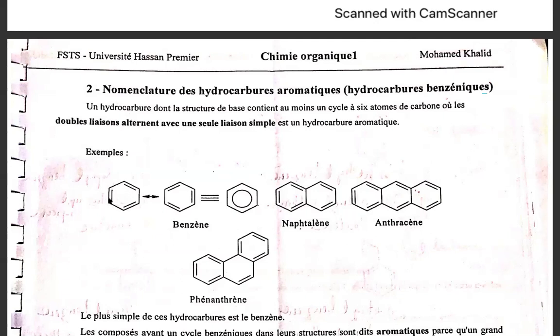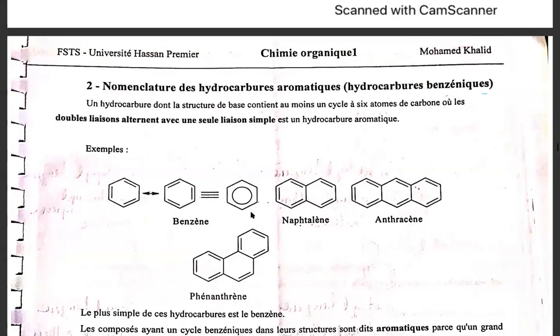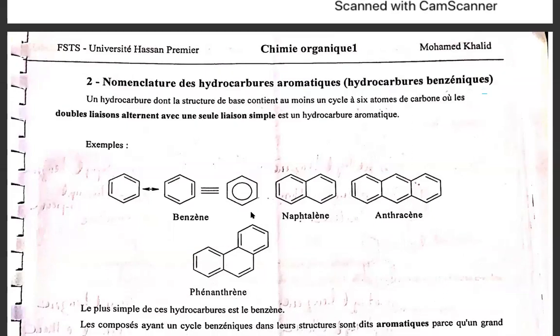It is for this case that we assume the benzene molecule has a stability over this molecule you are seeing here. You can draw the benzene with a circle because it justifies the principle of mesomery or resonance. But we said we're here to explain the nomenclature and not the mesomery.